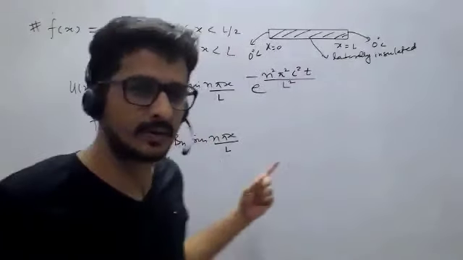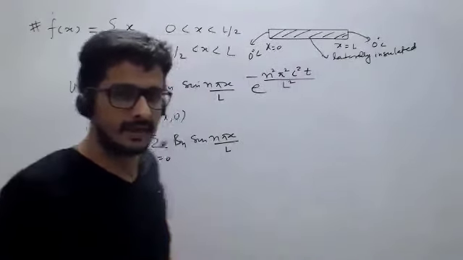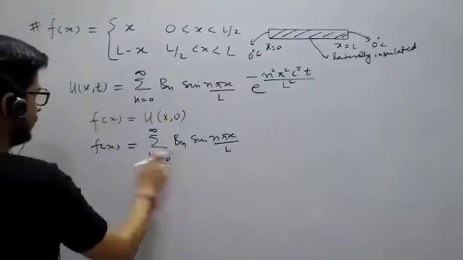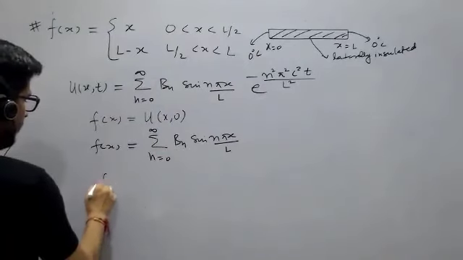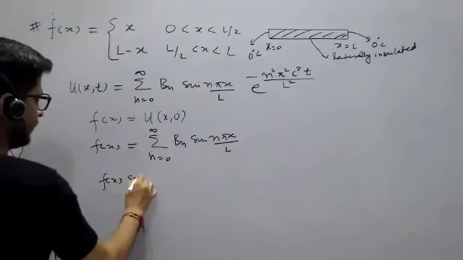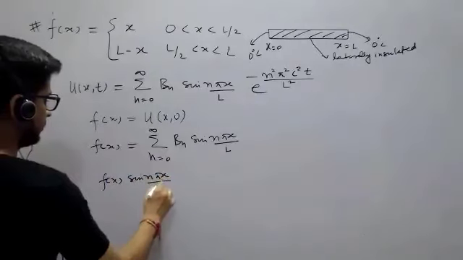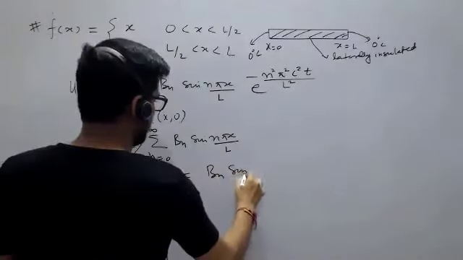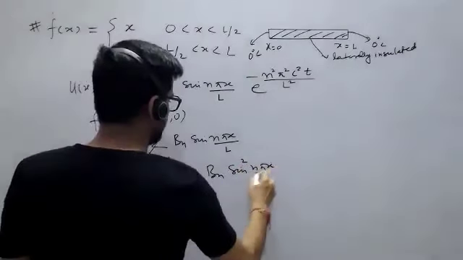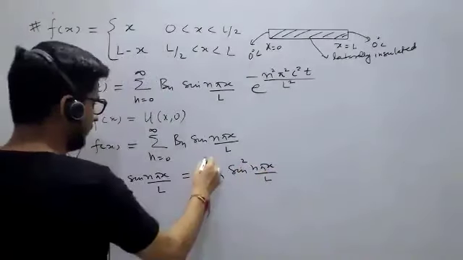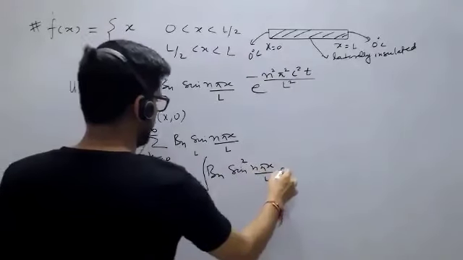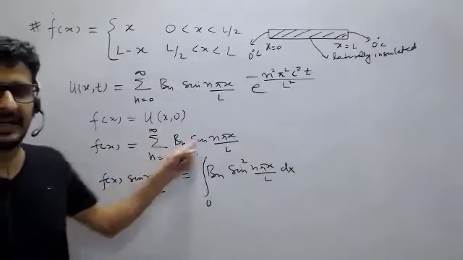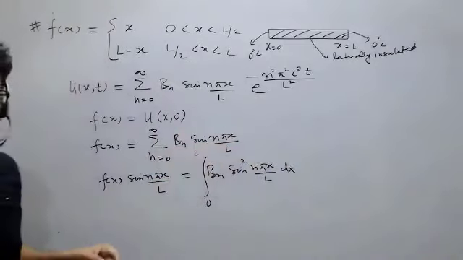Now do it along with me, practice with me, okay, this type of one dimensional question. So now how to calculate this b_n? I told you I will multiply f(x) by sine n pi x by L, and that will give me b_n sine square n pi x by L, and then I will integrate it from 0 to L. So that's why only the nth term will remain, because there is summation, there are infinite terms, but all other terms will go to 0.